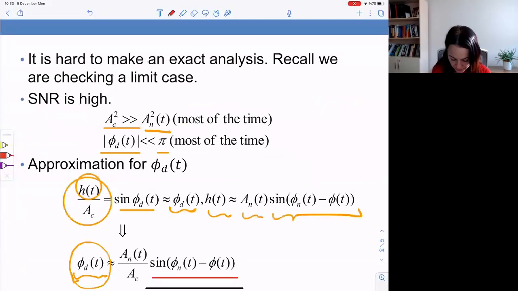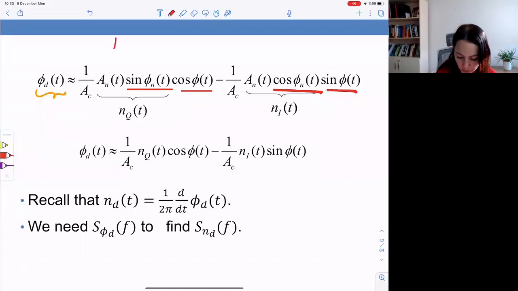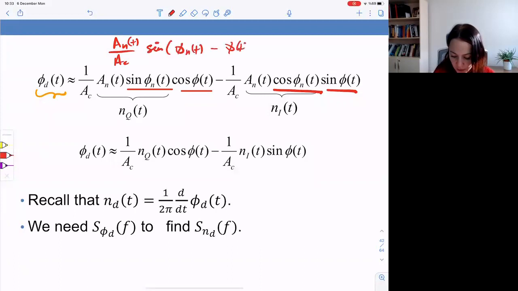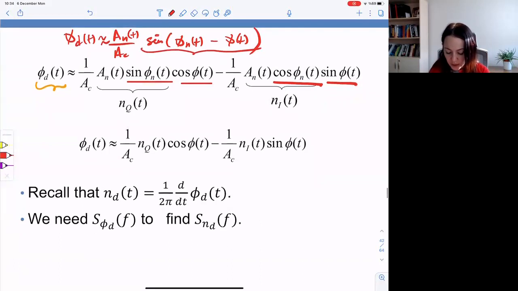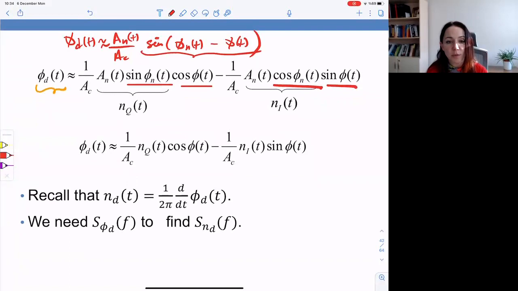So I have An over AC sine phi n minus phi. And all I've done is apply trigonometry to expand this sine of the difference of the two angles.